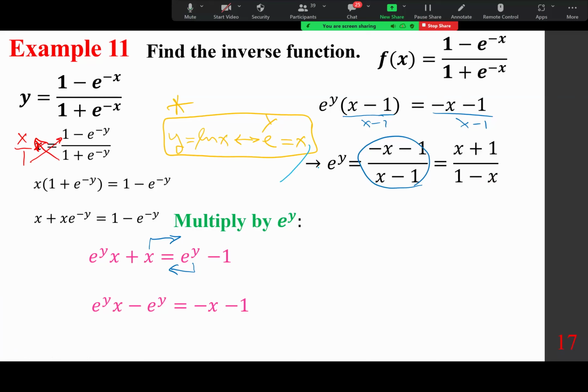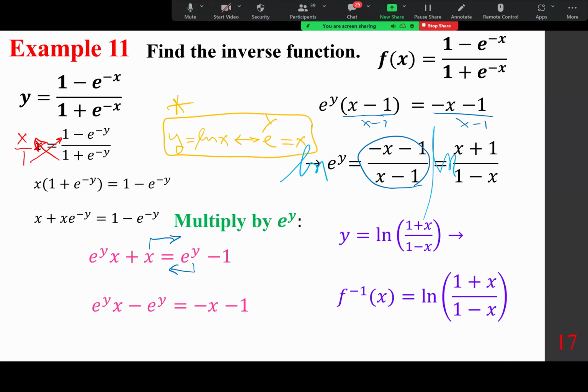If I take the natural log of the left side and natural log of the right side, the left side becomes y. However you want to look at that. And you're done. Just call y f inverse of x. Change the y into f inverse.